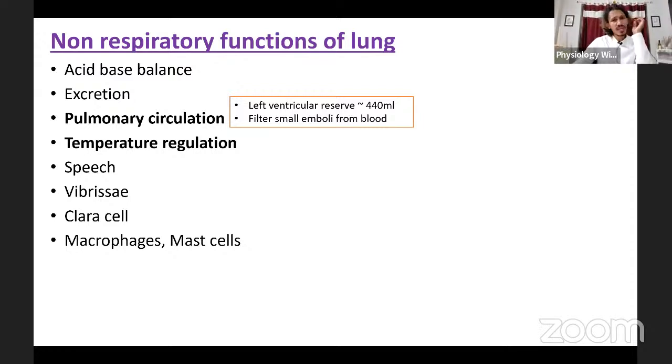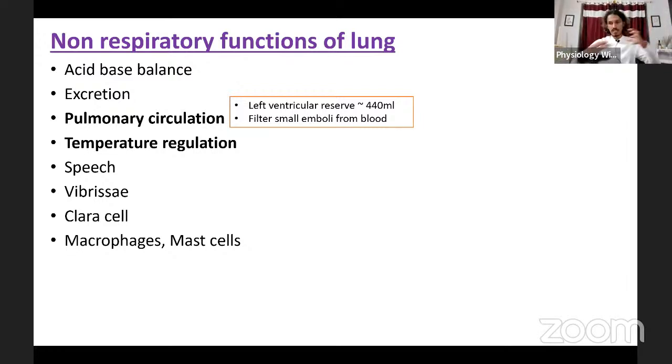Before that, let me just start off with pulmonary circulation. The pulmonary circulation is a special type of circulation because the blood which goes to your right atrium goes to the right ventricle. From the right ventricle, the pulmonary artery is coming. This pulmonary artery is carrying deoxygenated blood, which goes through the lung, becomes oxygenated, and reaches the left atrium.